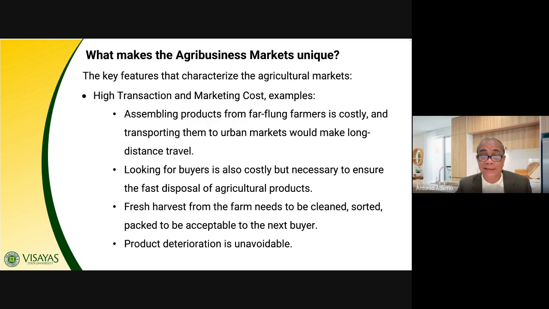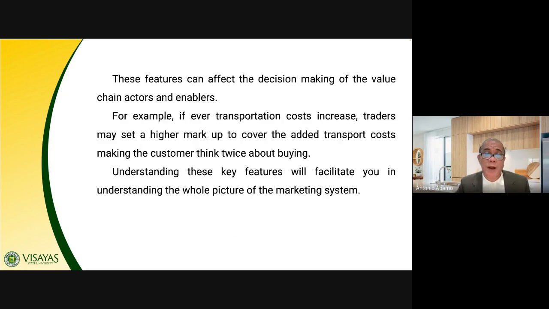So high transaction cost because of the inefficiency of the market. Okay, so if there are calamities, it makes the road infrastructure very unpassable. So what happens? It will push the hauling cost up, which becomes part of the price of the product. Now, understanding all these key concepts will facilitate understanding the whole picture of the market.